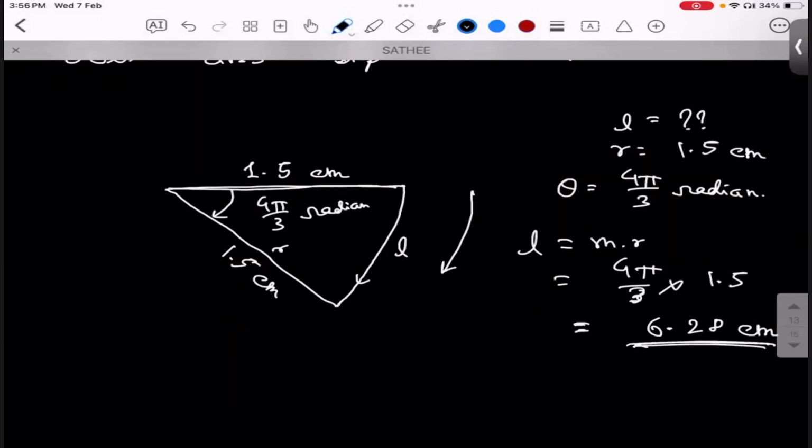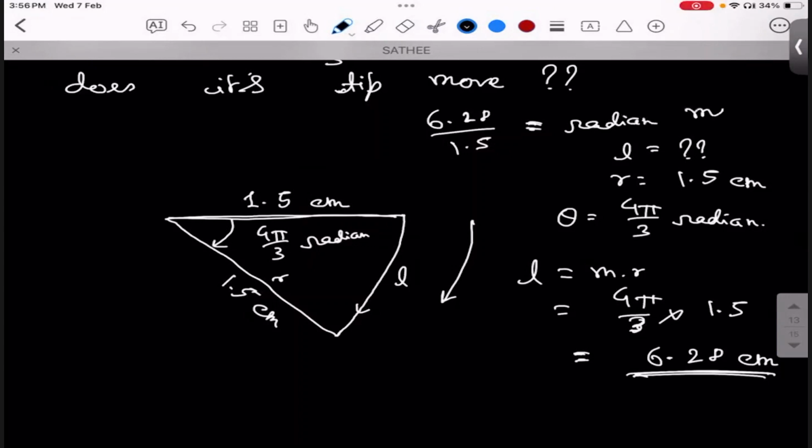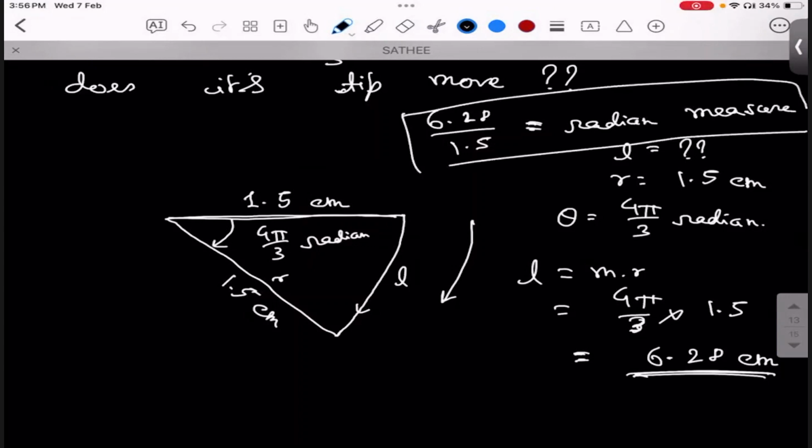Now one can also measure, if someone does 6.28 divided by 1.5, this will give the radian measure. This is what it is.